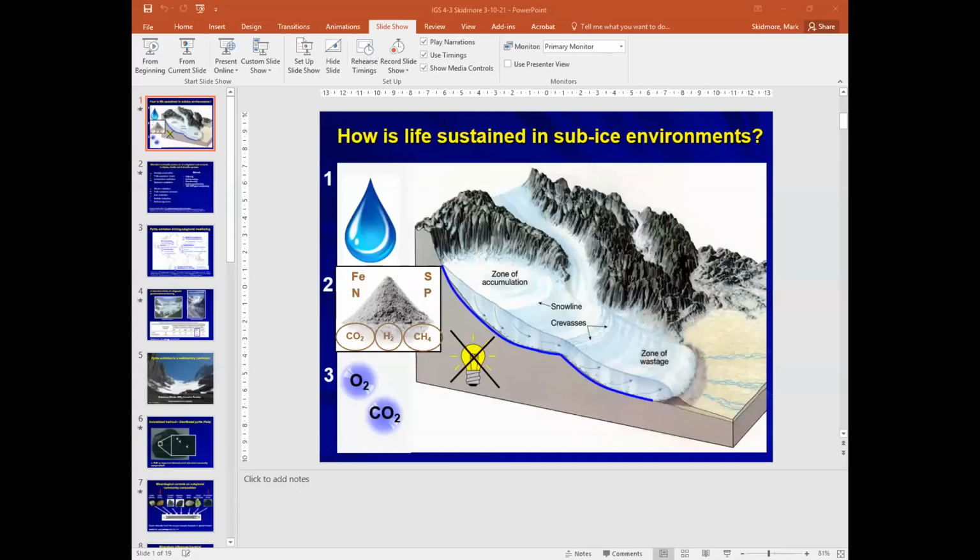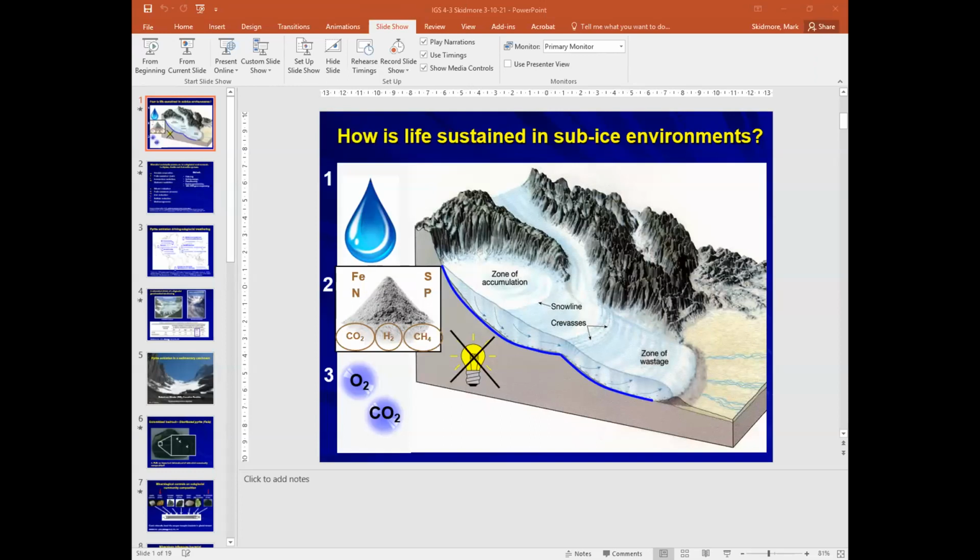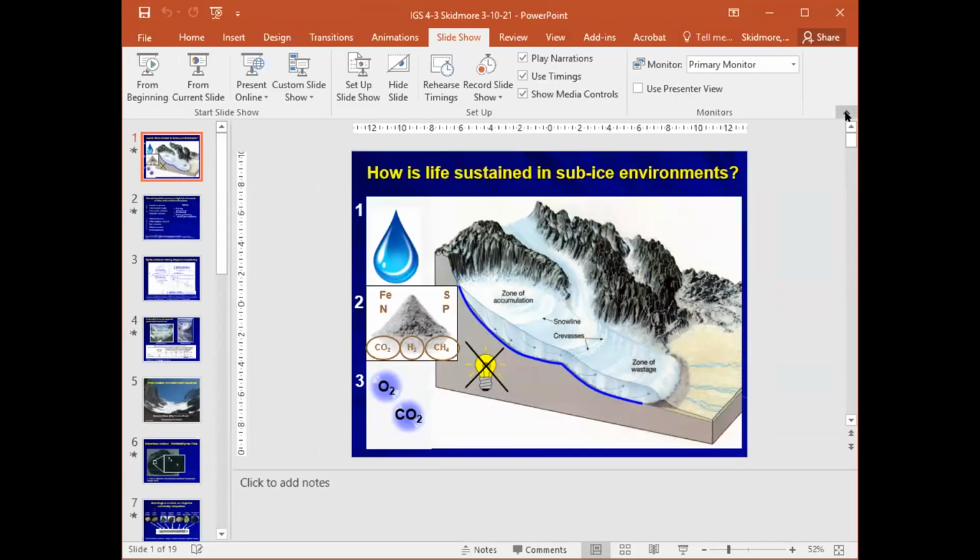Just a minute. No. Mark, can you just bring it up again? Yeah. If you see on the right-hand side, it says we got monitor, primary monitor underneath. Oh, there you go.